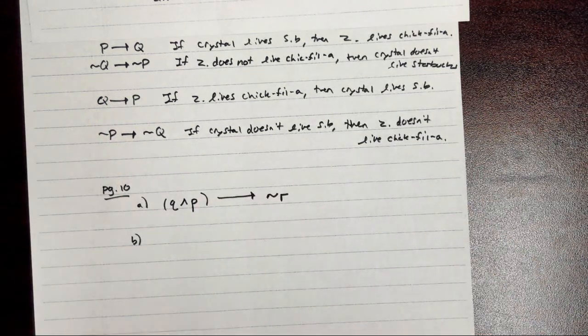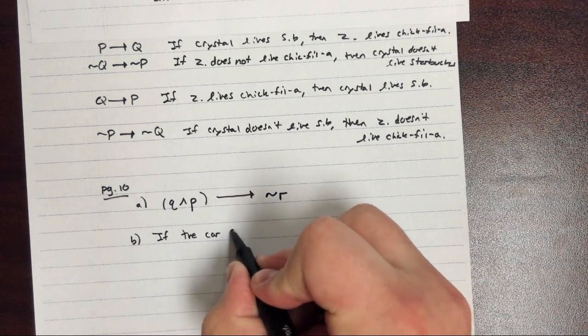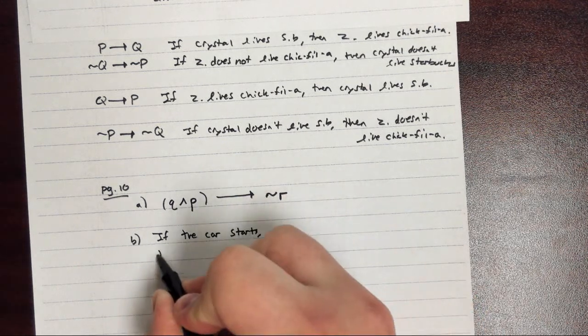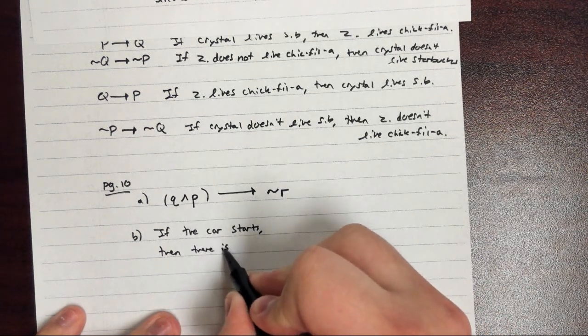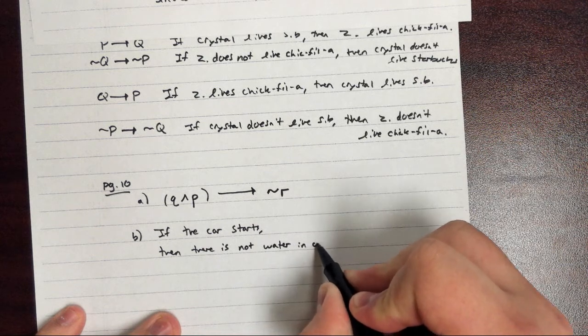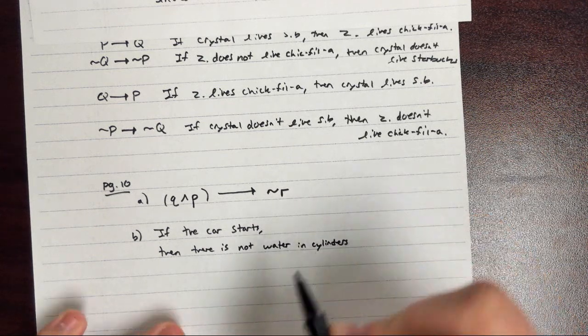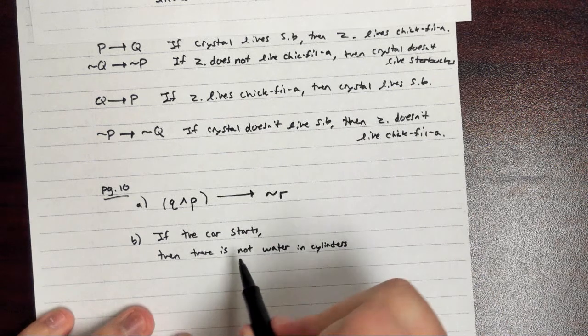That starts in logic, and we have to go back to everyday English. So R implies, if the car starts, then there isn't water in the cylinders. There is not water in cylinders, or the V thing is the or, right? Oh, sorry, Q isn't the... Well, I guess it doesn't matter.